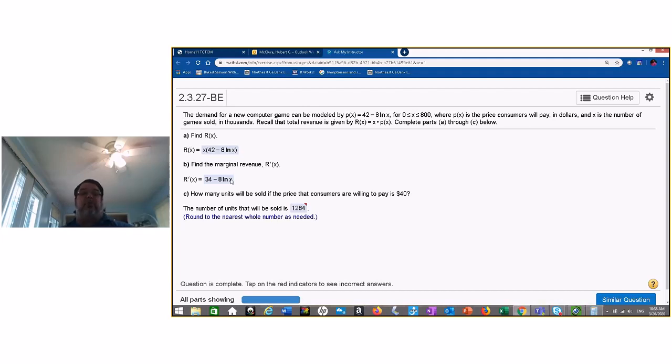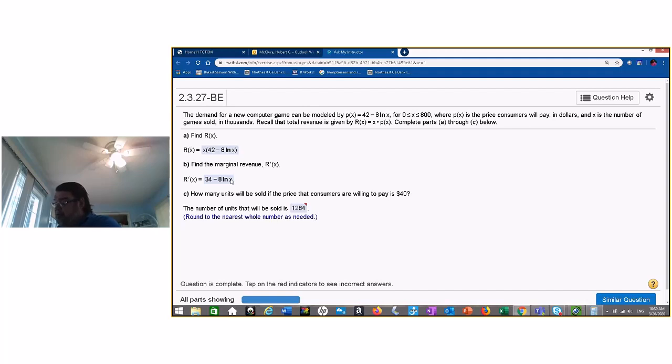The original formula is P of x is equal to 42 minus 8 natural log of x. So 40 is equal to 42 minus 8 natural log of x.